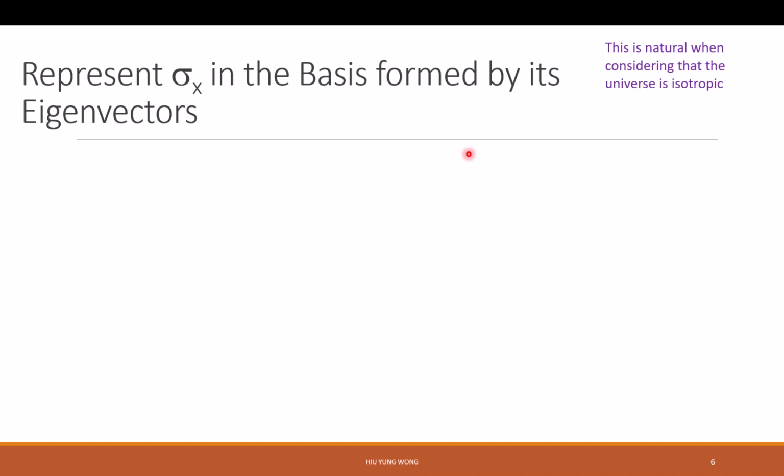Now we can represent sigma x in the basis form by itself, right? So we don't prove it, but based on what we just said, sigma x equals 0, 1, 1, 0. This is in the 0, 1 basis.